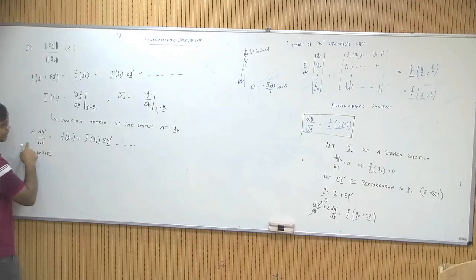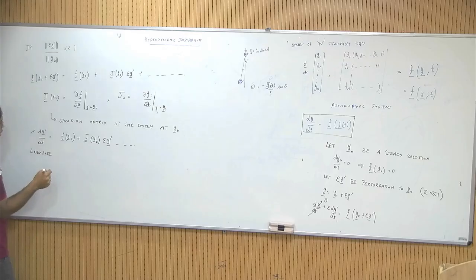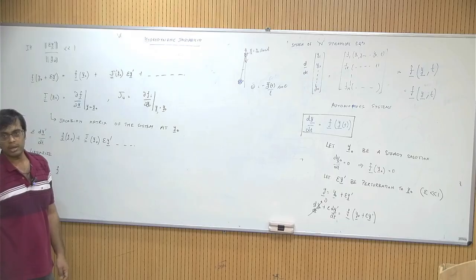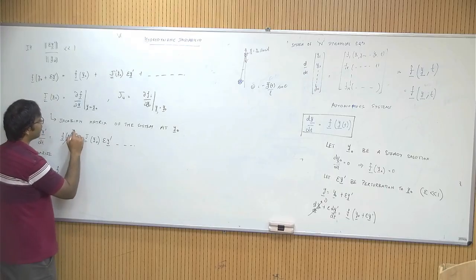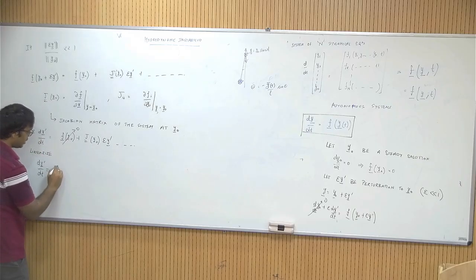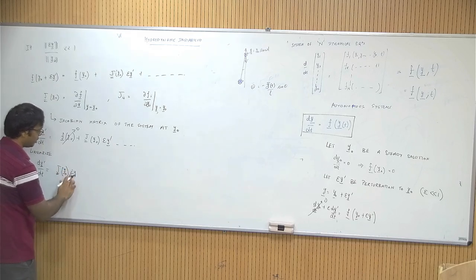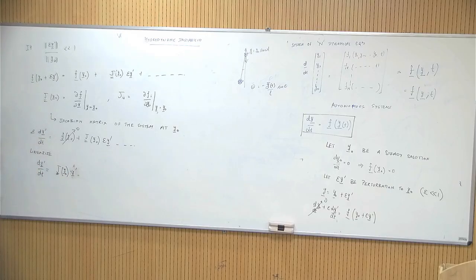When we linearize, we consider only the epsilon terms and not any other terms. So we get dy prime by dt equals, f of y naught is 0 by definition, so you get J at y naught, epsilon gets cancelled, times y prime.